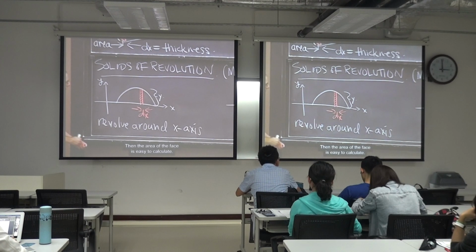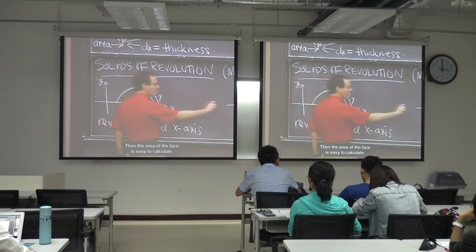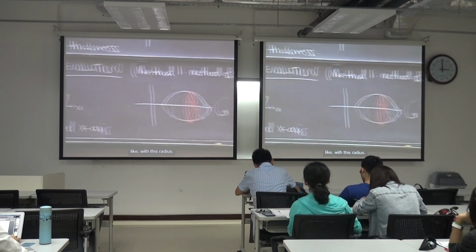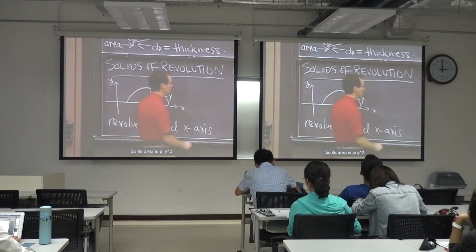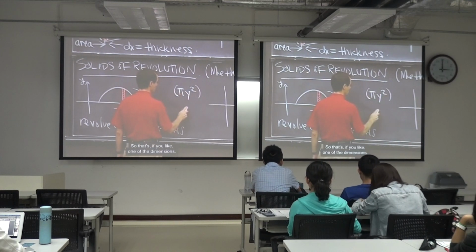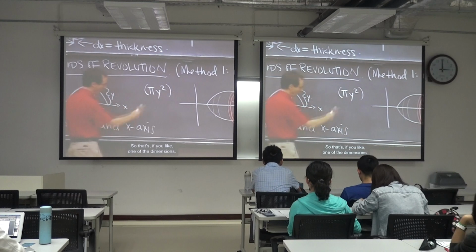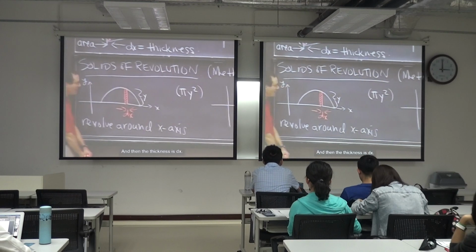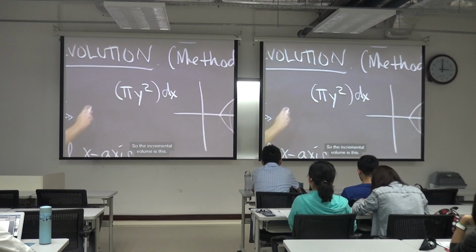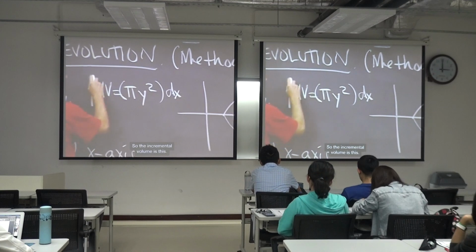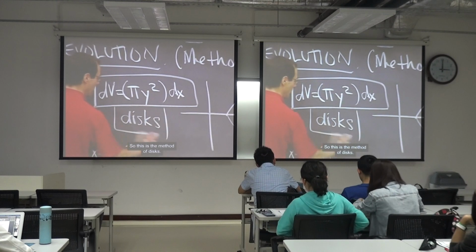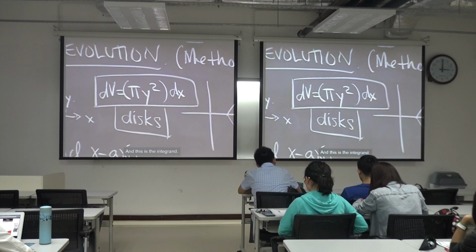Then the area of the face is easy to calculate because it's a circle, or disk, if you like, with this radius. So its area is pi y squared. That's one of the dimensions. And then the thickness is dx. So the incremental volume is this. This is the method of disks. And this is the integrator.